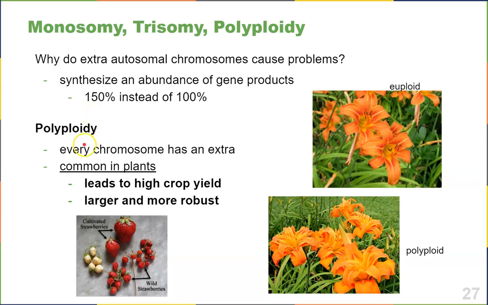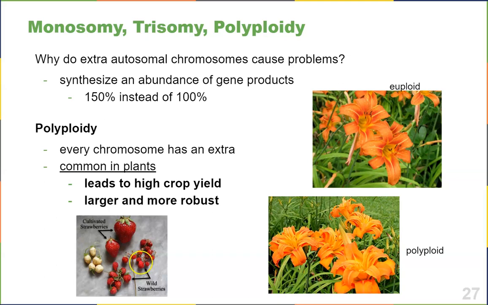In plants, they can have an extra chromosome on every pair of chromosomes that they have, and they're going to be fine. What actually happens is that they might have more flower petals, like these daylilies here. So normally they look like this, but you can see there's like 2 extra layers of flower petals.